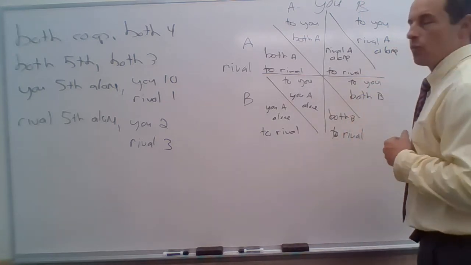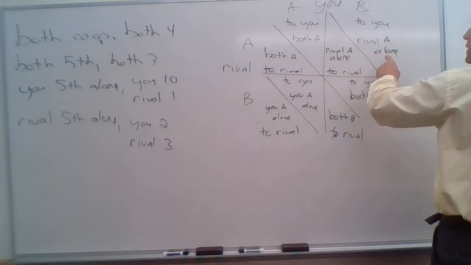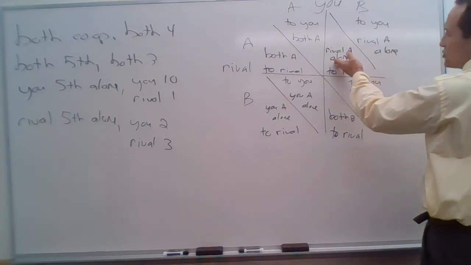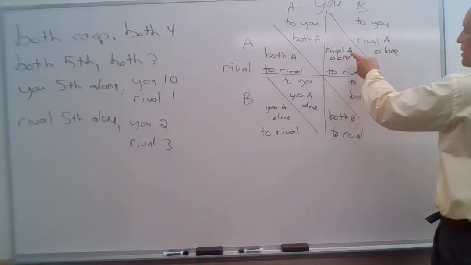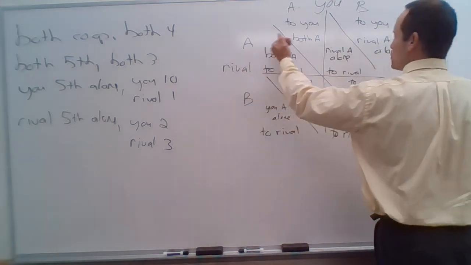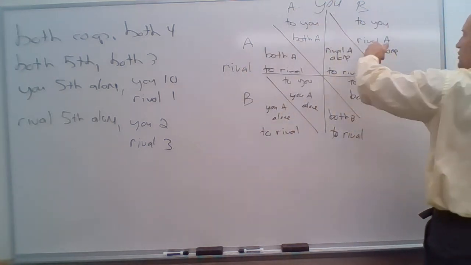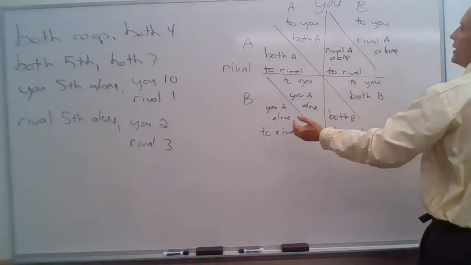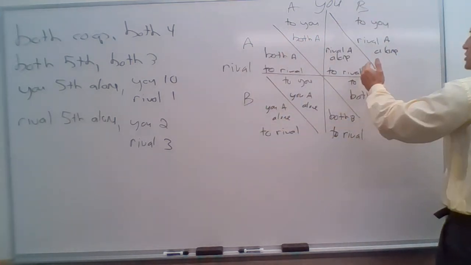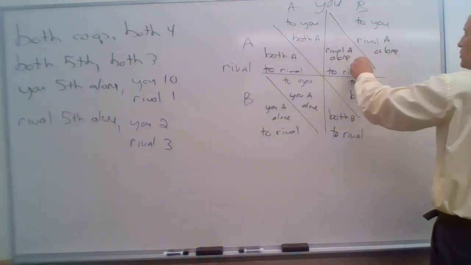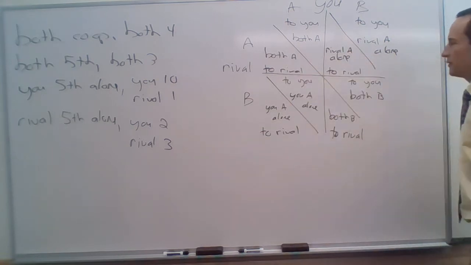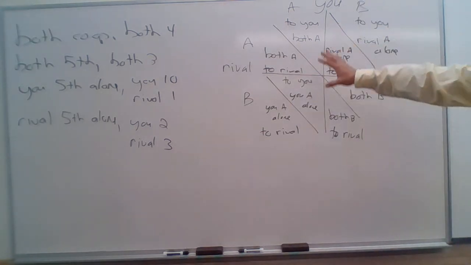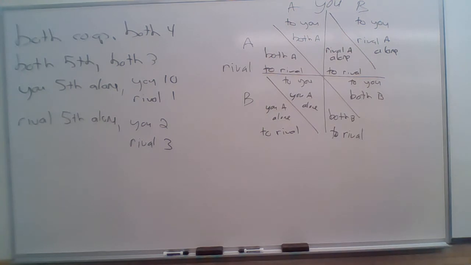So what happens if only you choose B? Or as it's described here, rival A alone. So if your rival chooses A alone, that implies that you choose B. Well, if he's choosing A and you're choosing B, this is the payoff to you, and this is the payoff to your rival. So this is how a duopoly payoff matrix works.